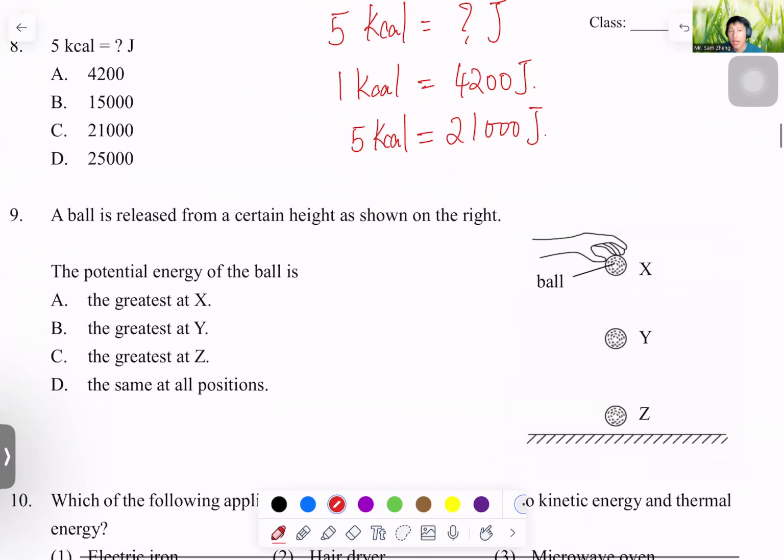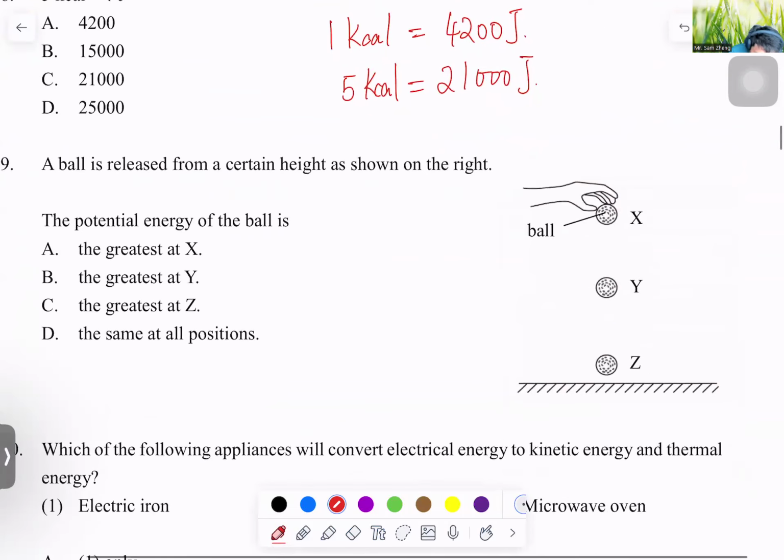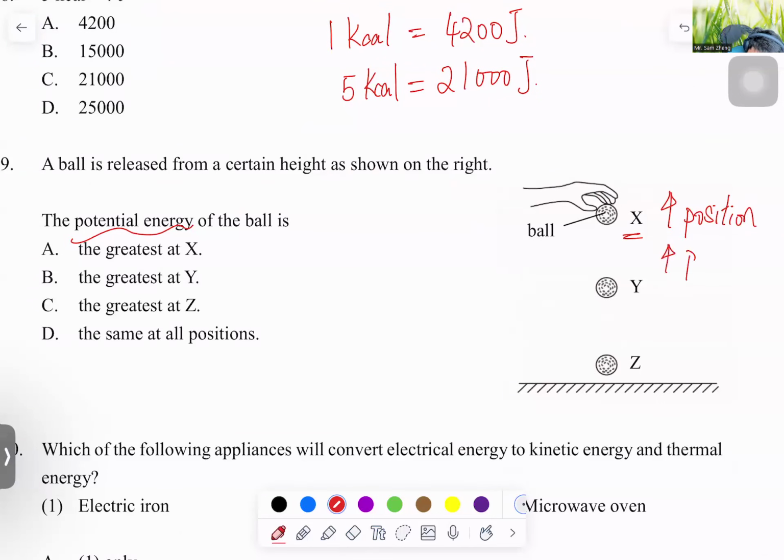Then next, a ball is released from a certain height, shown on the right-hand side. In this case, the potential energy of the ball is definitely the highest at X, because we can see that it has the highest position, and therefore it will have the highest potential energy.